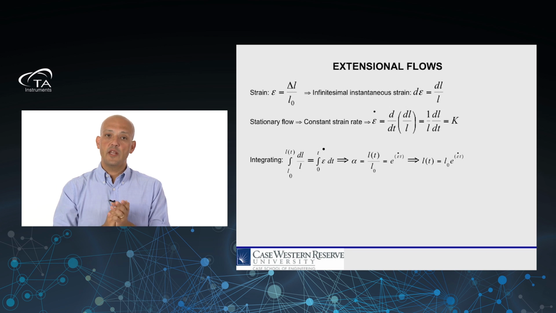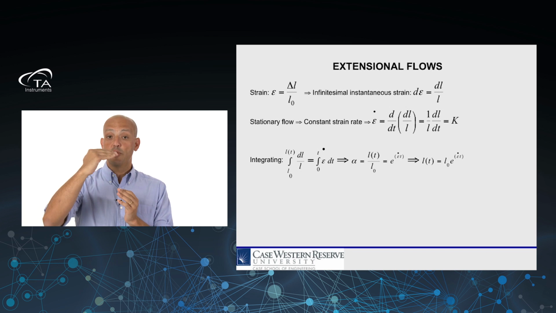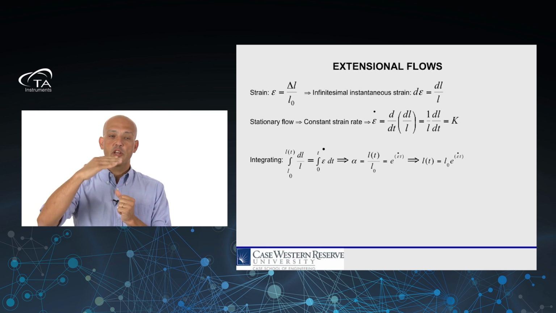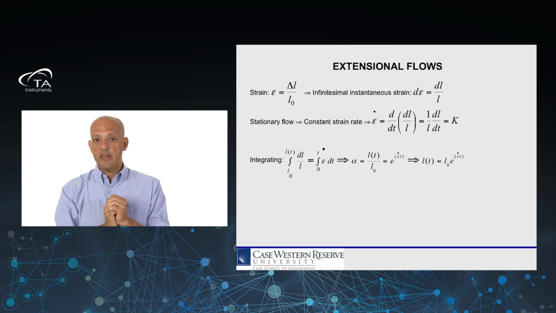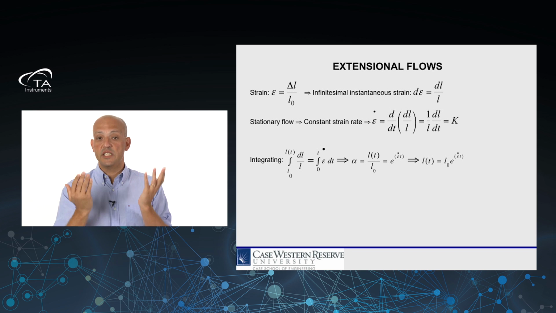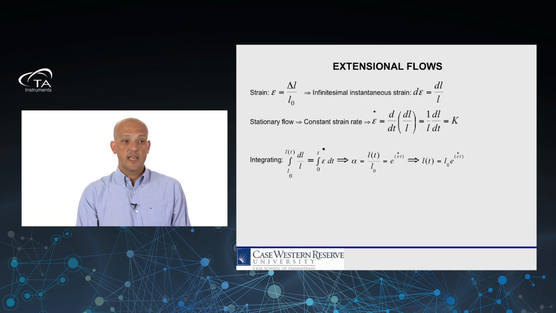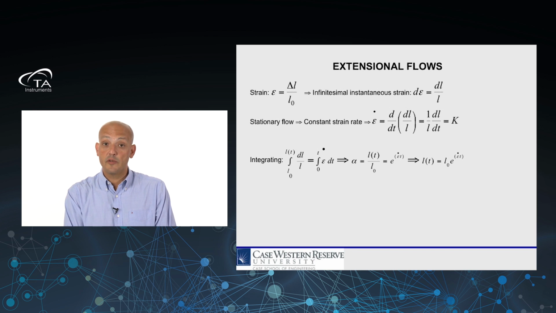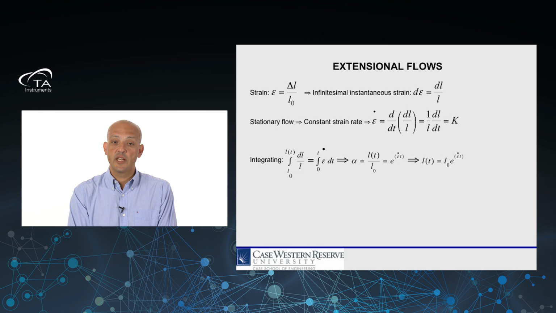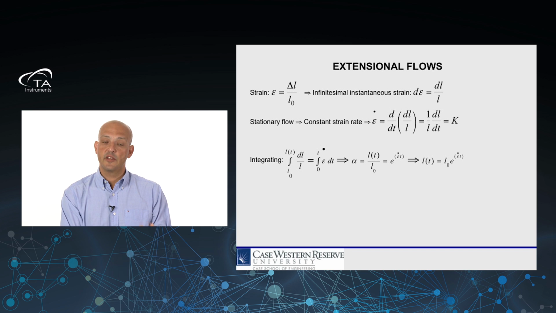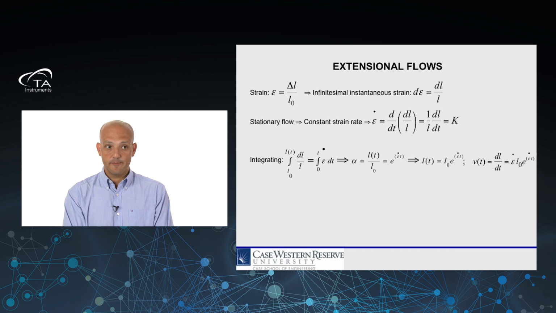On the right, we integrate between time 0, the beginning of the deformation, and the current time t. On the left, we have 1 over L dl, so the primitive function of that is the natural logarithm. And so after some very simple maths, we find that the length of that filament we're stretching needs to increase exponentially in time, and that rate of exponential increase is our strain rate.